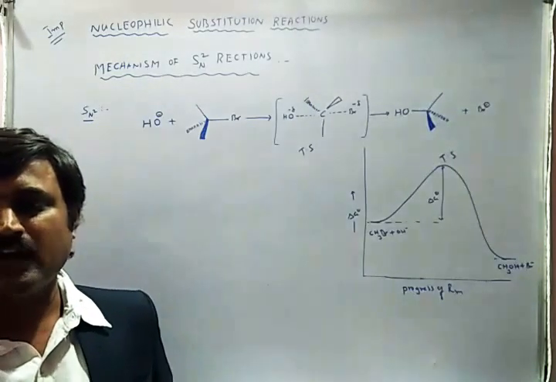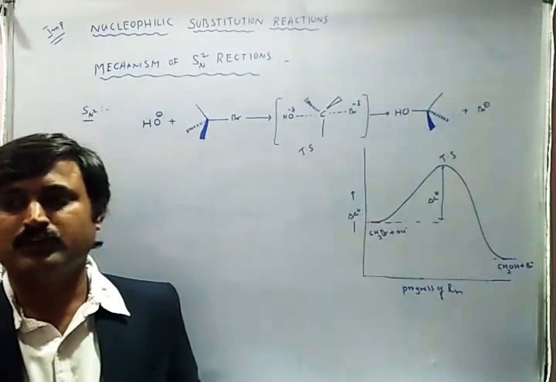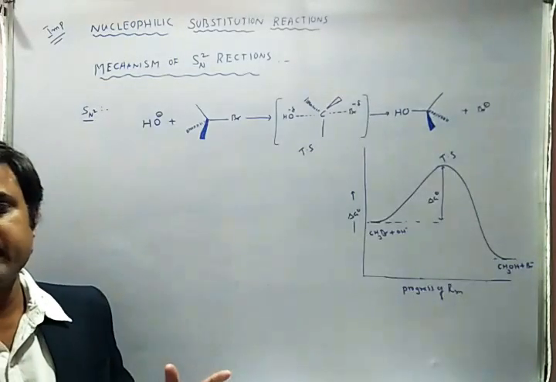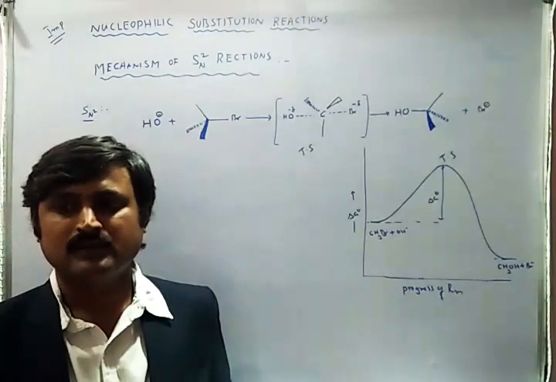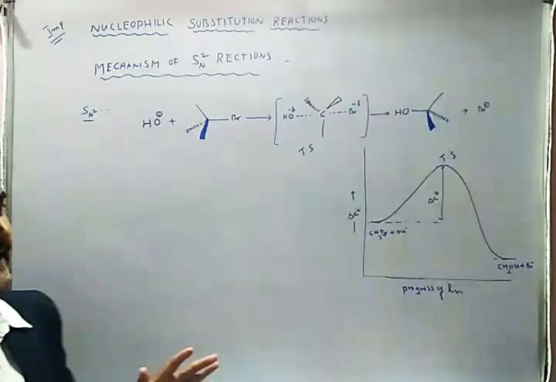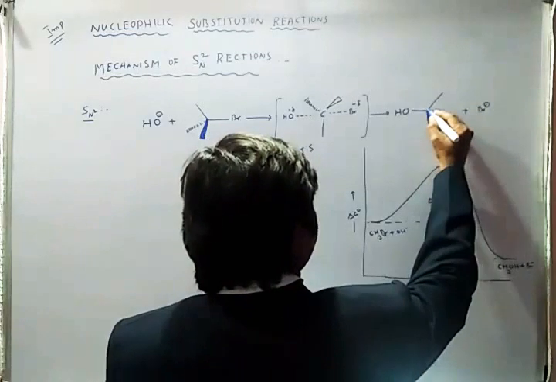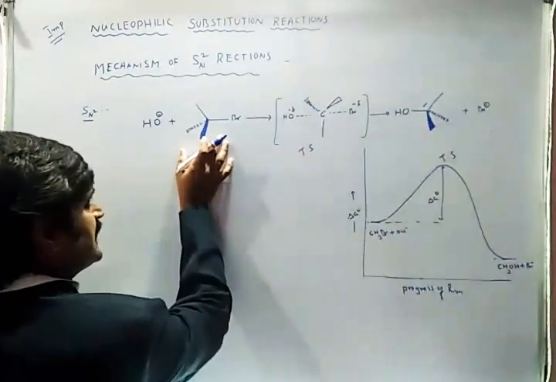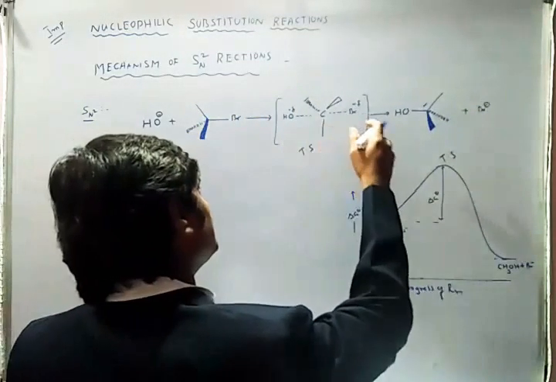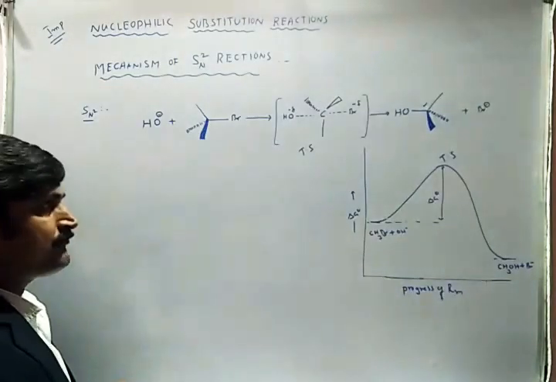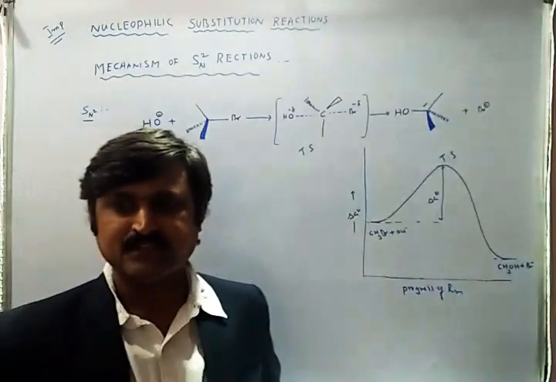Evidently the bond between carbon and the nucleophile is fully formed, and the bond between carbon and bromine is completely broken, and thus carbon is once again tetrahedral in the final product. So this is a tetrahedral structure and this is a tetrahedral structure. So the tetrahedral structure will be obtained again after the SN2 reaction.